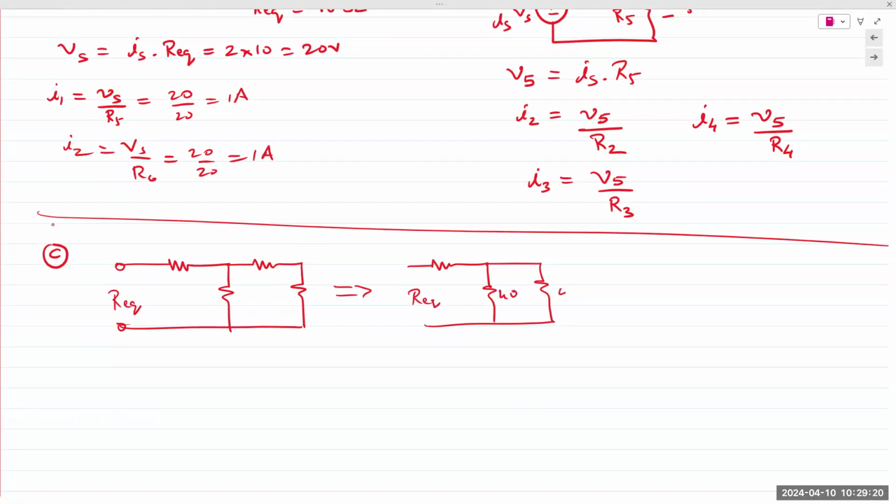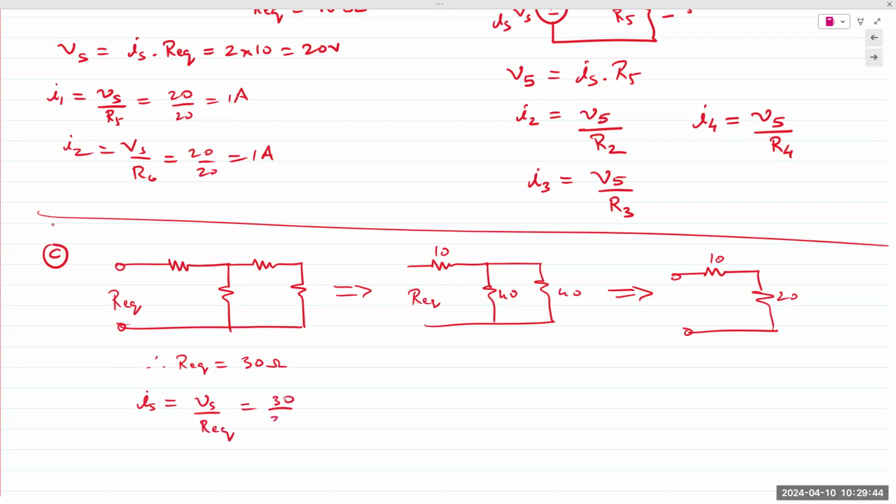So this is 40, this is 40, and this is 10. 10 plus 20, and therefore Req is equal to 30 ohms. Total current Is being supplied is Vs over Req, which is 30 divided by 30, 1 amp.